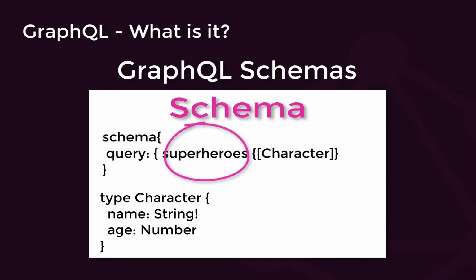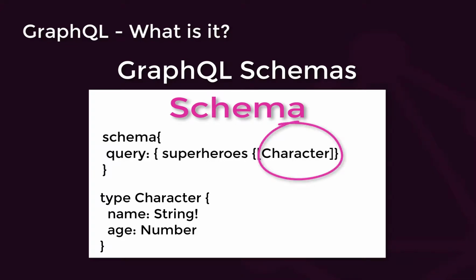What follows is exactly what the operation will return. In this case, it's an array of objects of the character type, which actually makes sense. You can think of GraphQL types as object definitions, similar to Java class definitions, for example.